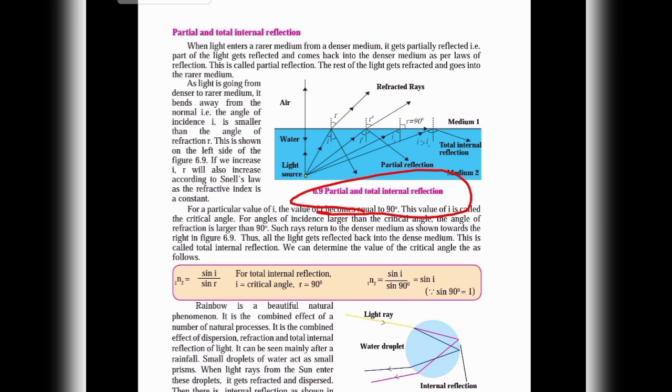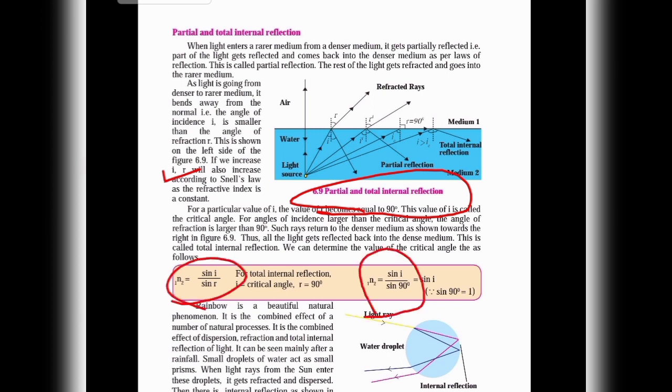But remember that if we increase i, r will also increase according to Snell's law. Everyone knows that the sine of the angle of incidence to the sine of the angle of refraction is equal to a constant, that is, sin i / sin r = n. That formula is already given here.